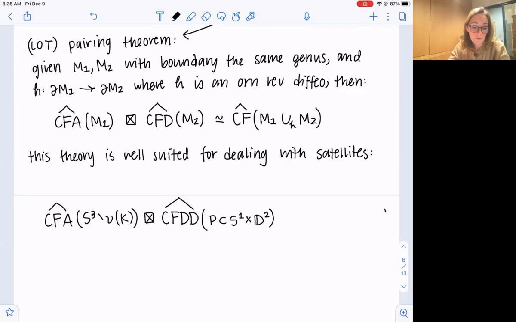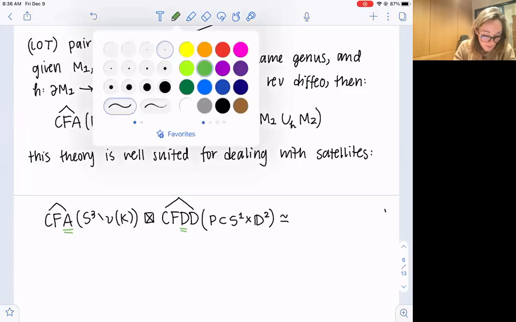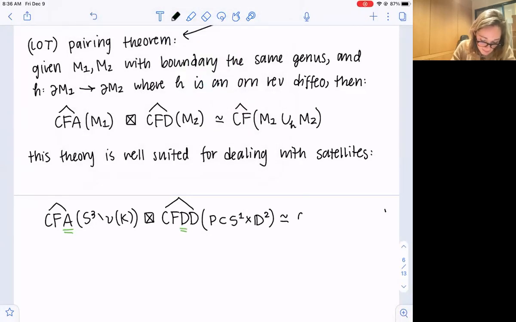So we have one boundary component coming from the pattern and the other coming from the solid torus. And what we'll get here is something homotopy equivalent to, well, we glue one boundary component to the boundary component of the companion, and we have one remaining. So we get the type D structure of the satellite.